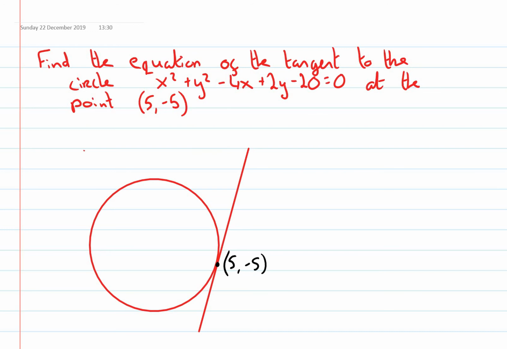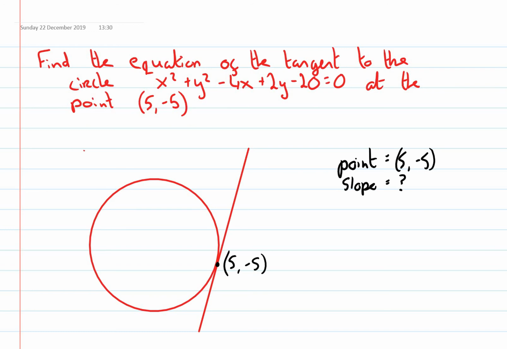Okay, so to find the equation we need a point on the line, which we have already, (5, -5), and we need the slope of the line, which we don't know yet.